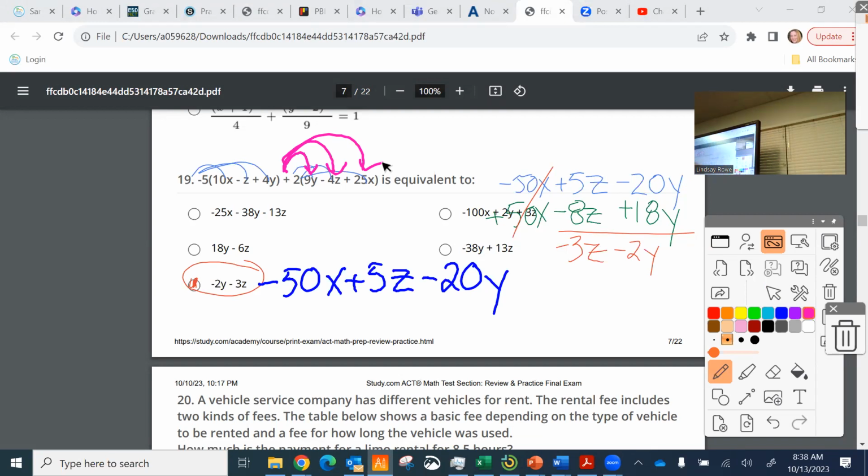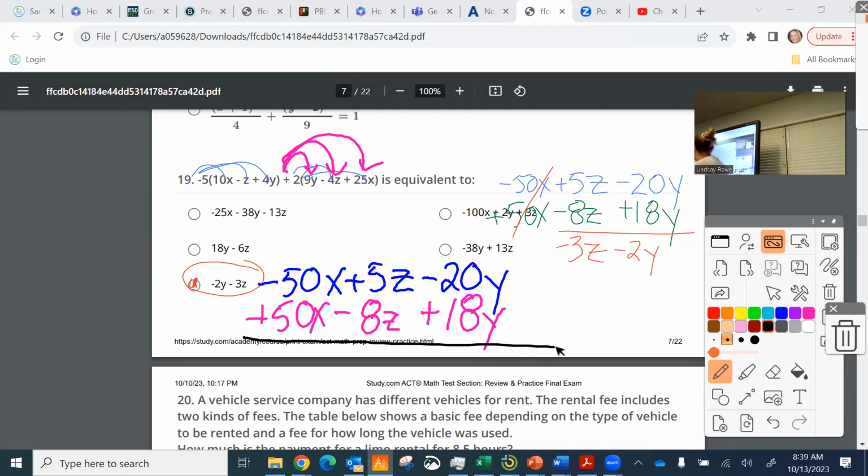So I have positive 2 times 9y, that's 18y, right? I'm gonna put it underneath here. 18y, and then 2 times negative 4z, that's minus 8z. And then I have 2 times 25, that's plus 50x, sorry, 2 times 25x.